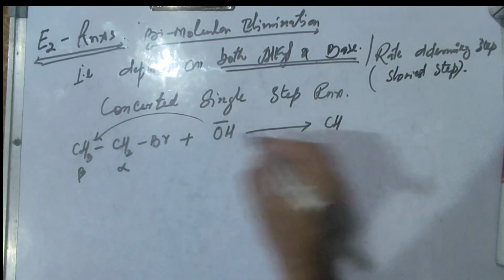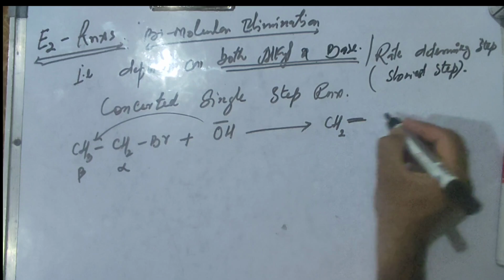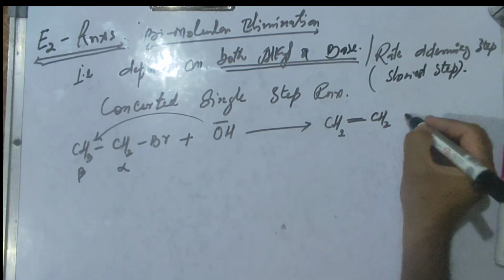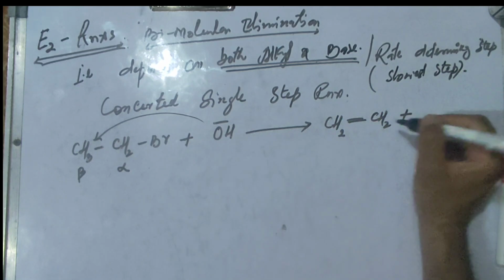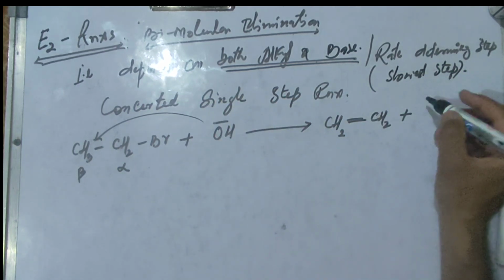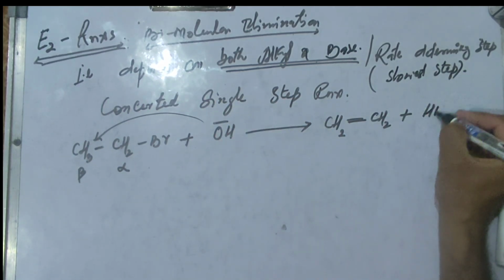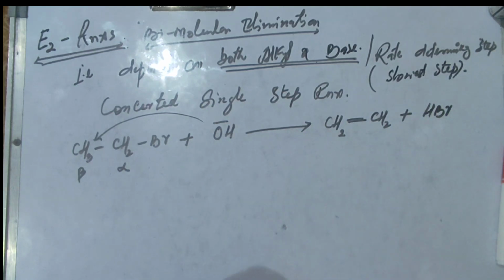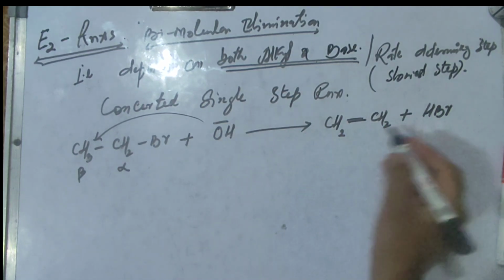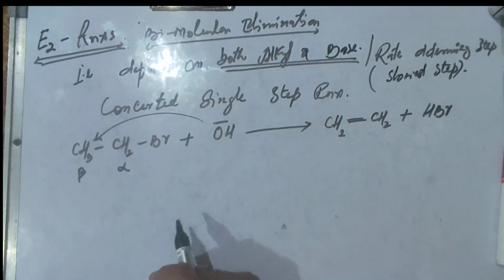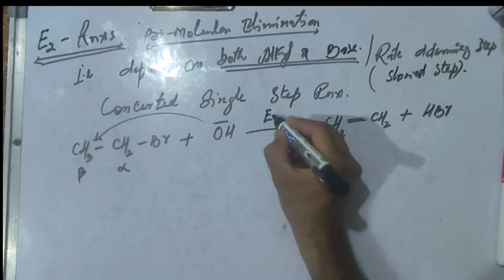So we will get CH2=CH2 plus HBr, or water. This is the general reaction of E2 elimination.